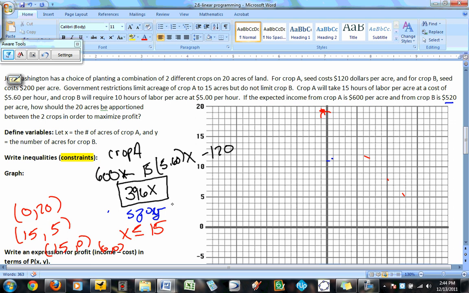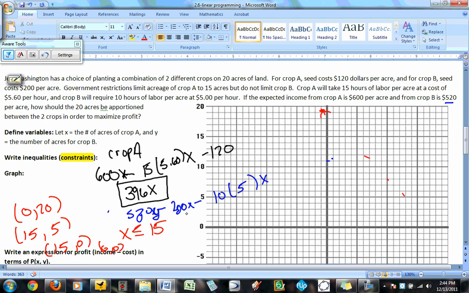The B seeds, 520y minus, it costs us $200, 200y for seed. And then it's going to cost us 10 hours of labor times $5 per hour. So that's $50 per acre, basically. It's going to cost me in order to work this thing.